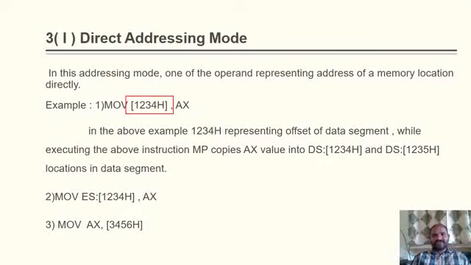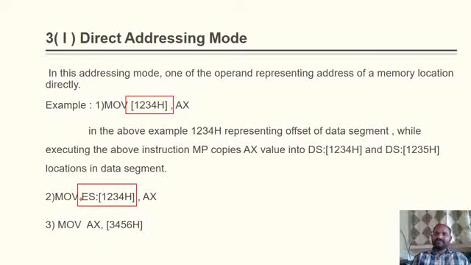This offset address, as we have seen, belongs to the data segment. If you want to access a memory location in a segment other than the data segment for reading or writing data, then you are supposed to explicitly mention the 20-bit physical address in the form of base address followed by the offset address.